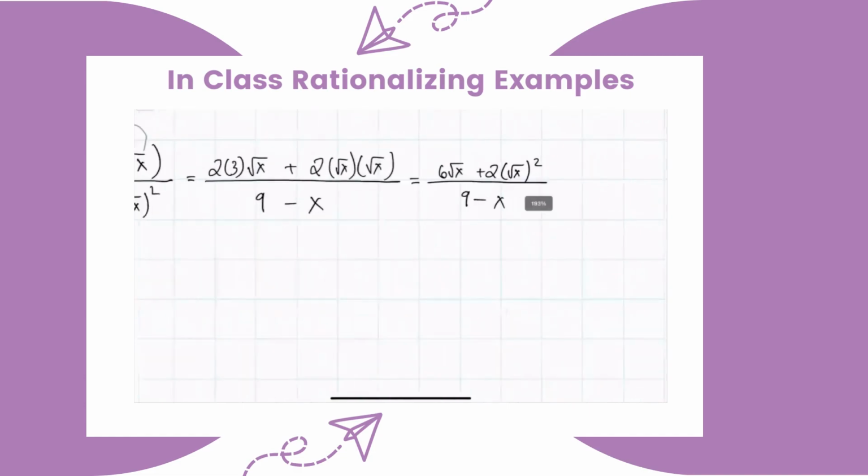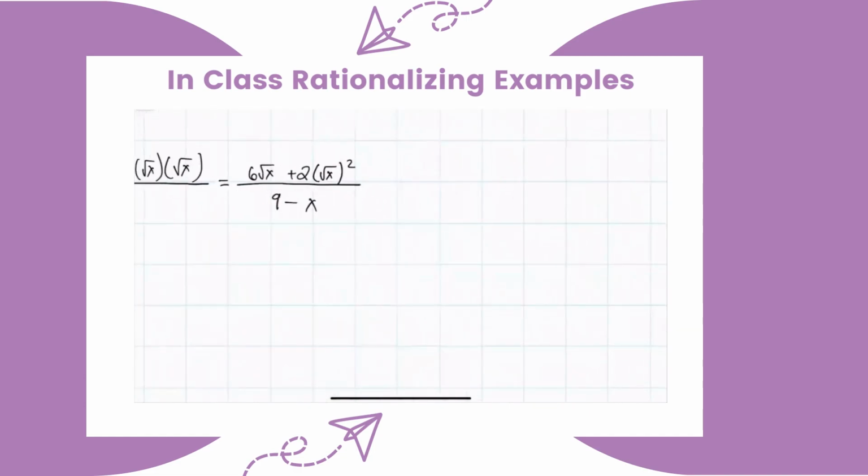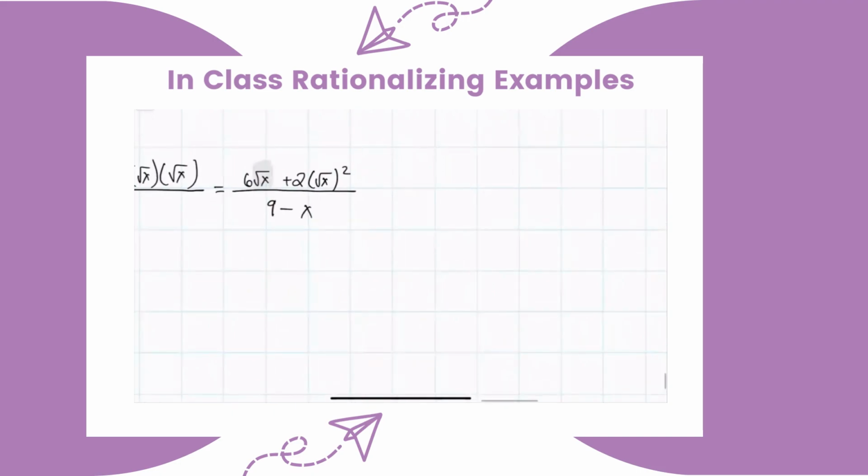They're not like terms, and I'll explain why. Because over here, the exponent is 1. However, this one over here, the exponent is 2. So this is a square. And because they're not like terms, we cannot add them.